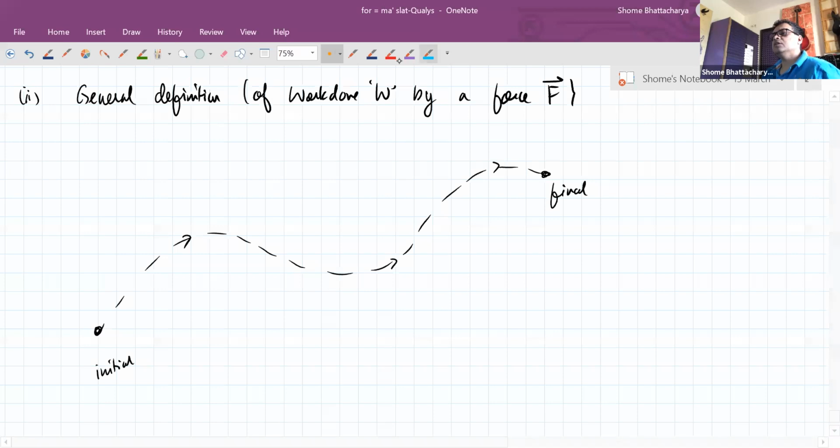While it is moving, the force acting on it is continuously changing, maybe only in direction, maybe only in magnitude, or both direction and magnitude, like I'm showing in my diagram.